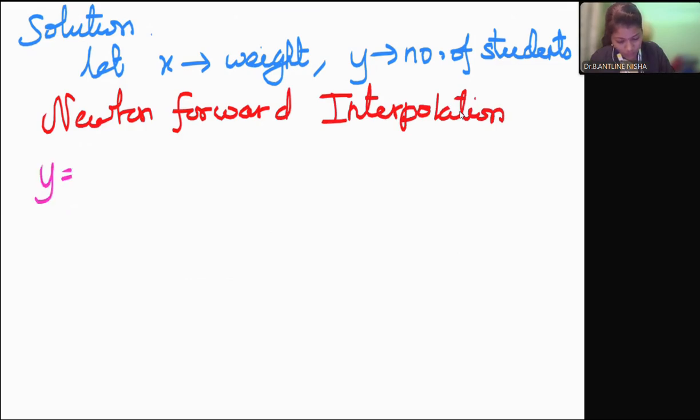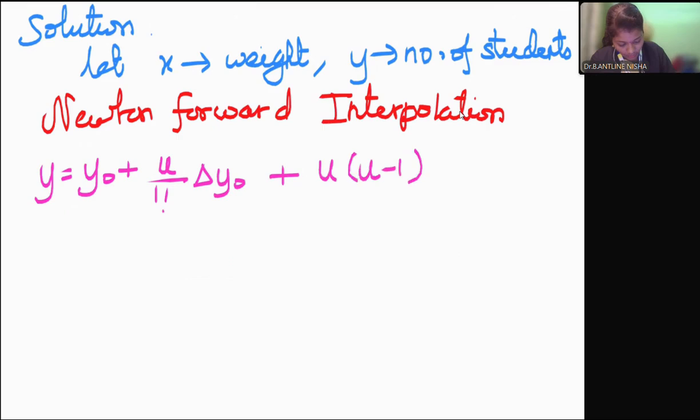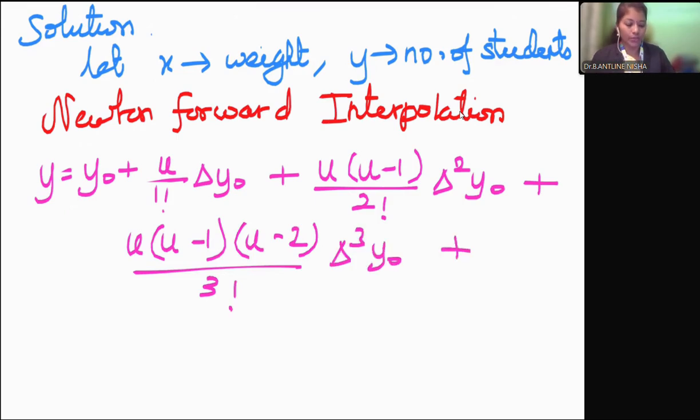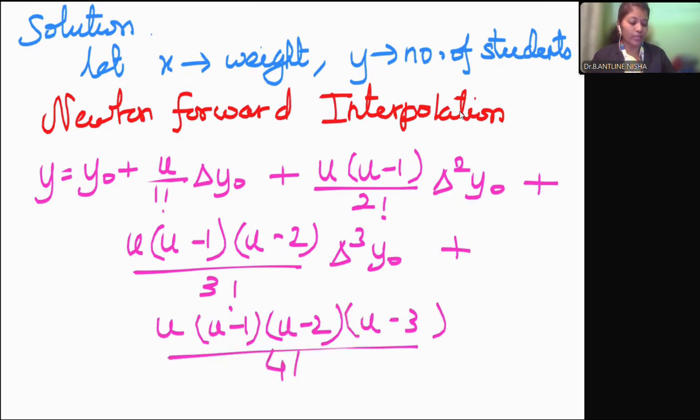The formula is y is equal to y naught plus u by 1 factorial into delta y naught plus u into u minus 1 divided by 2 factorial into delta square y naught plus u into u minus 1 into u minus 2 divided by 3 factorial into delta cube y naught plus u into u minus 1 into u minus 2 into u minus 3 divided by 4 factorial into delta power 4 y naught plus etc.